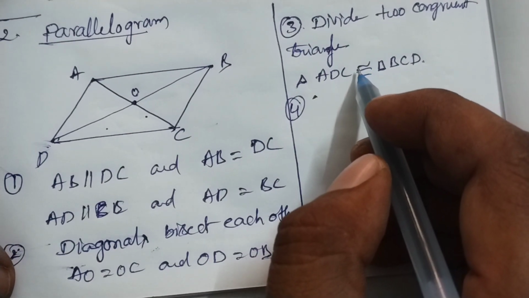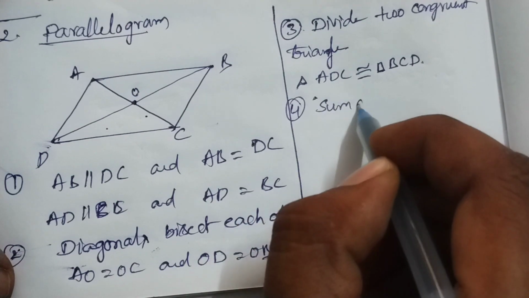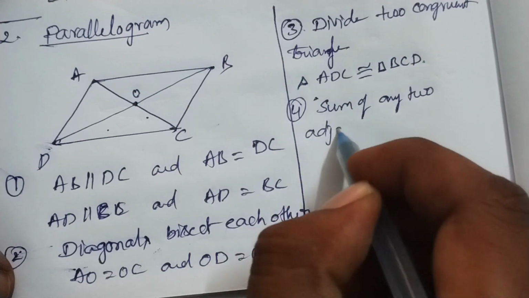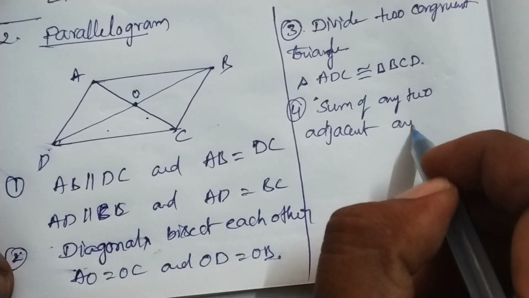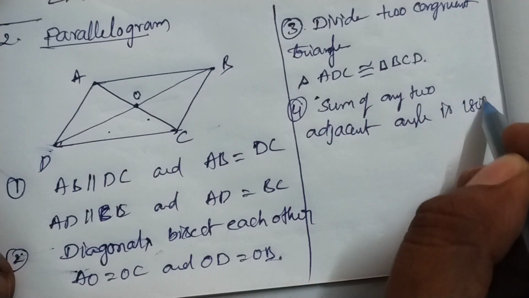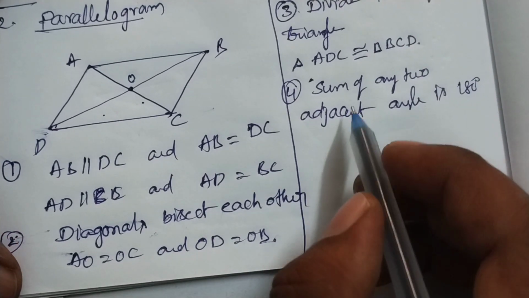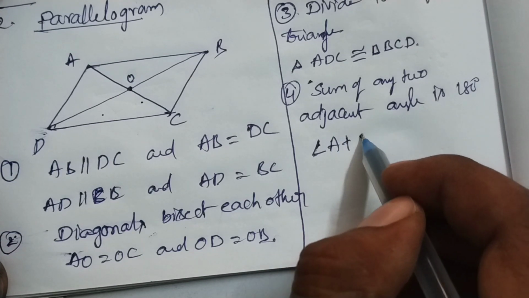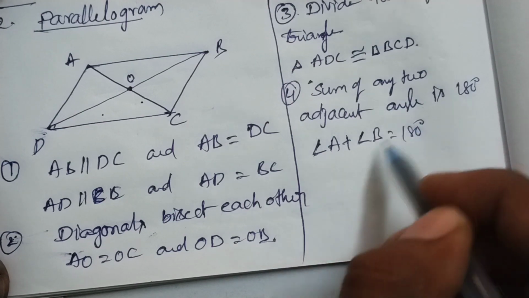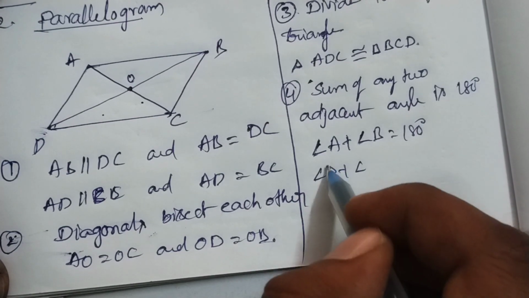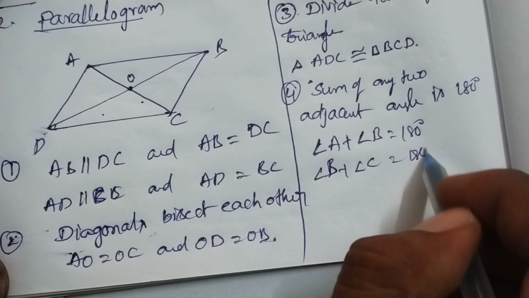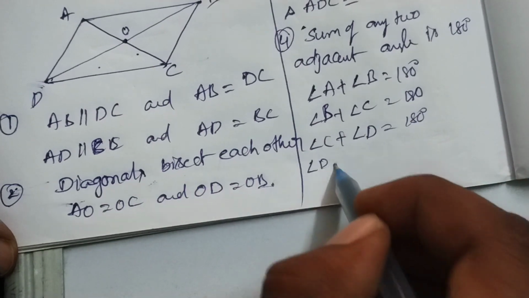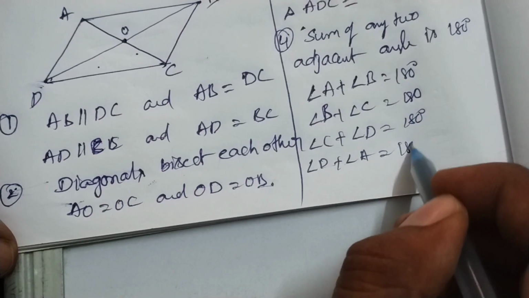And next, coming to the angle sum property. The sum of any two adjacent angles is 180. For example, angle A plus angle B equals 180, angle B plus angle C equals 180, angle C plus angle D equals 180, angle D plus angle A equals 180.